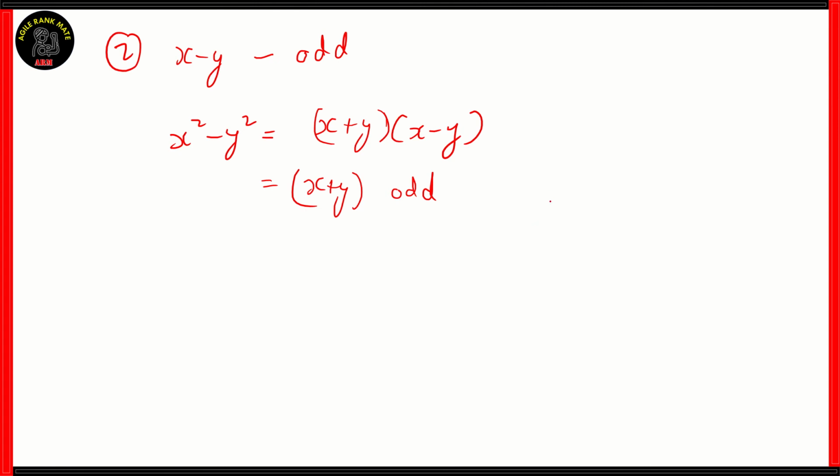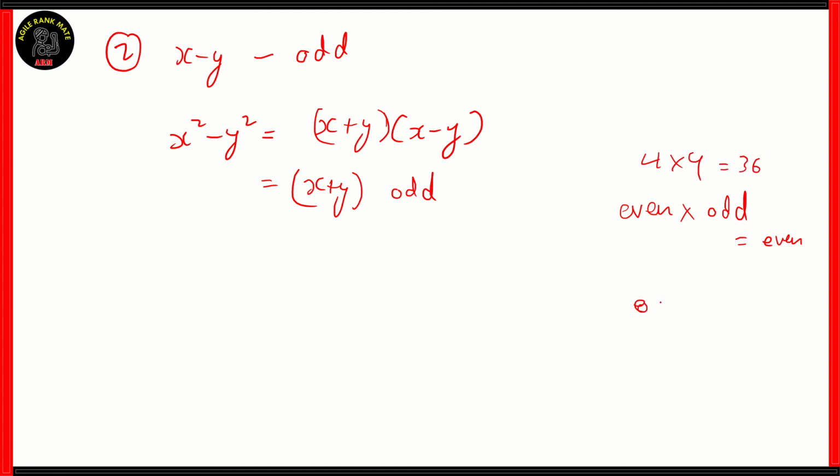Now, from here, how do we solve it? Well, for that, we need to take the two cases with multiplication. So if x plus y is even and x minus y is odd, we still get an even number. Case in point, 4 times 9 gives you 36.